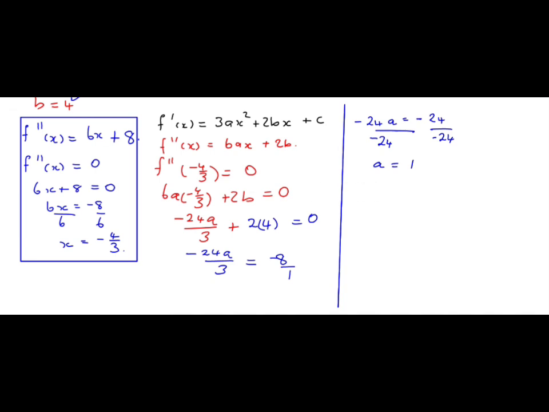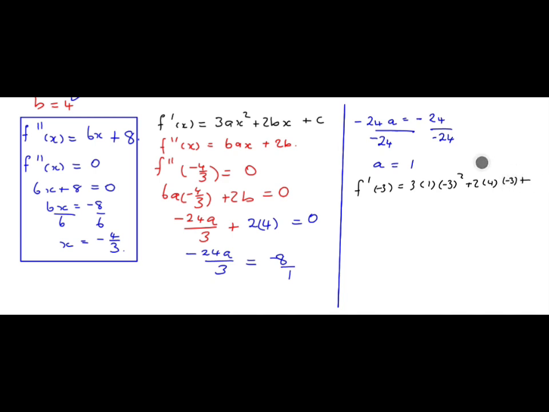So now to find the last point, which is c, I could just substitute into that. I already know that one of my x values of the turning point will be at negative 3. So I can just substitute. 3a is 1 and x is minus 3, I would square that. 2b is 4 and x is still negative 3.